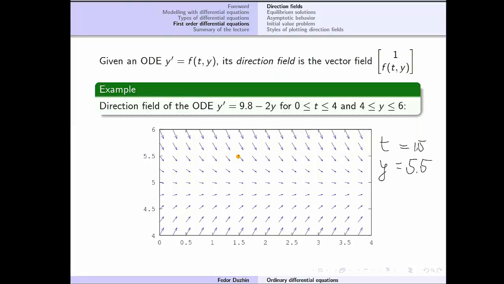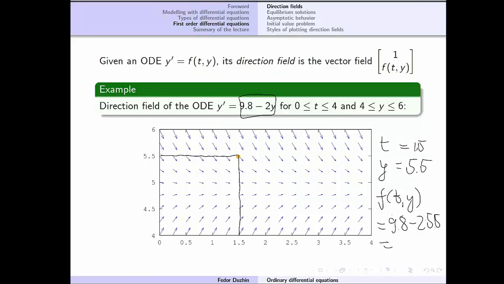Then the right-hand side of our differential equation, f of t, y, is going to be 9.8, and then instead of t we substitute 1.5, and instead of y we substitute 5.5.